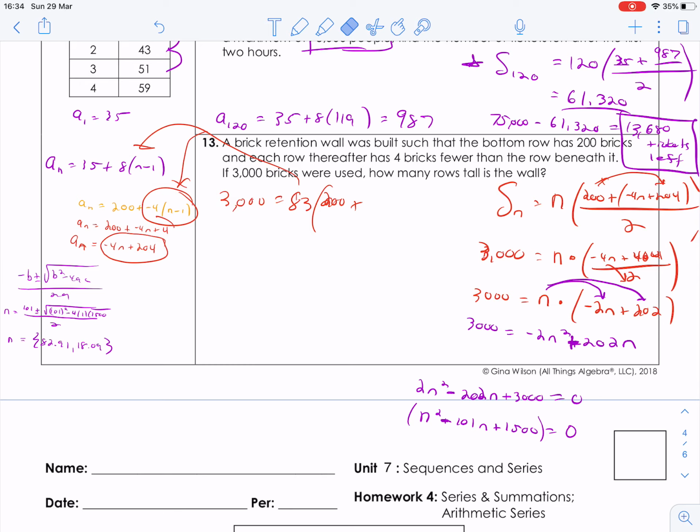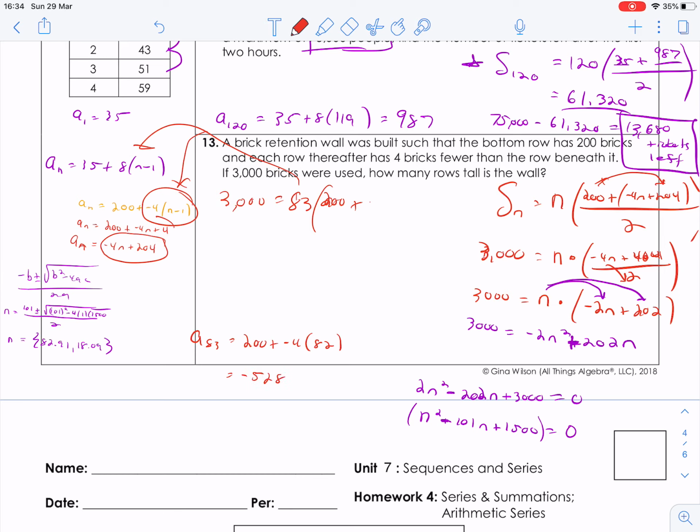So if I had a of 83, that would be 200 plus negative 4 times 82. What would that be equal to? So that would be 82 times negative 4 plus 200. Whew, that is going to be negative 128.